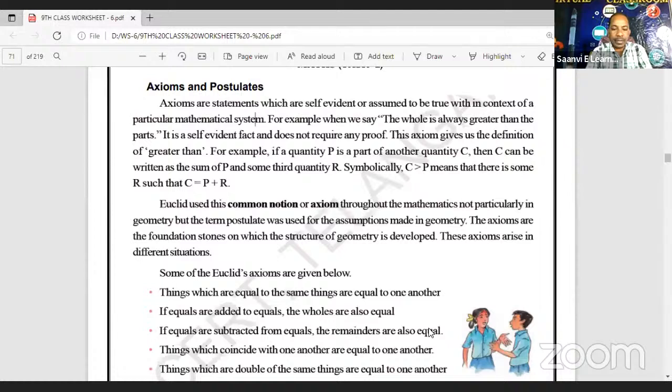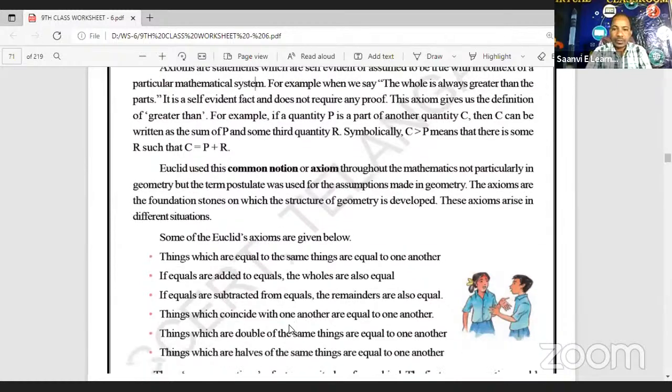Next, in the same way, Euclid has given some axioms and postulates. Here, some of the axioms are given below. All of you read those axioms and understand.